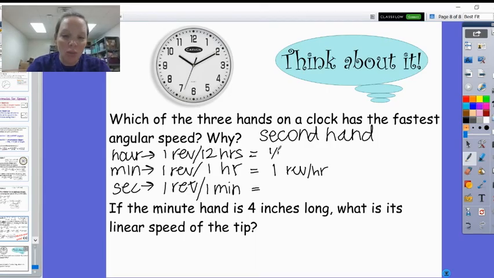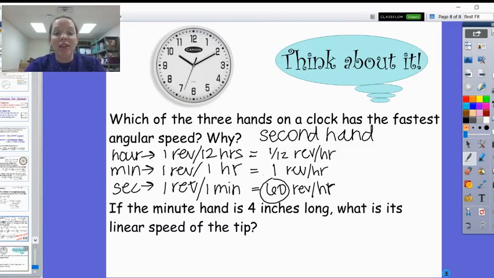So that is 1/12 of a revolution each hour. And the second hand is going around the circle in a minute. And we know that there are 60 minutes in an hour. So we multiply that times 60. And the second hand is going 60 revolutions in 1 hour. So we can see that that one is significantly faster than the other two.